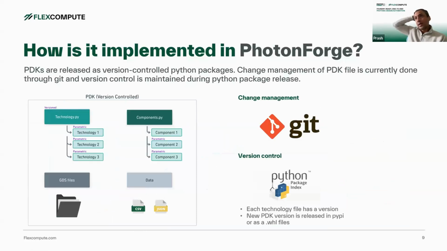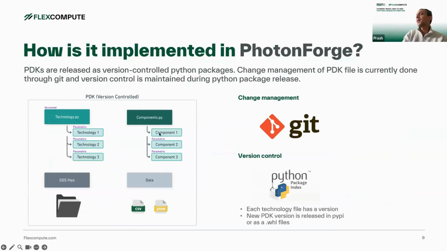And so a PDK in Photon Forge, you can think of it as essentially a version controlled Python package, which has the information about the technology. The technology itself is versioned, and you can have multiple technologies within a PDK. Technologies are parametric. You can have components.